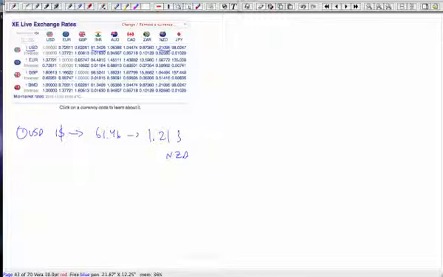That's basically just multiplying 61.46 by 0.01974. And now let's see what we get from New Zealand dollars. We're going to go to Japanese yen. That's going to get me 98 Japanese yen.